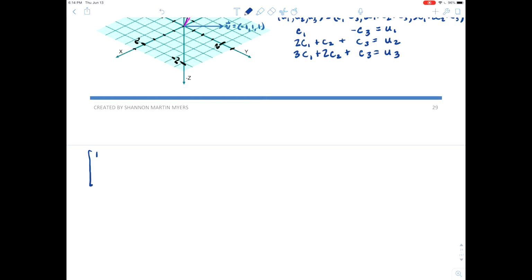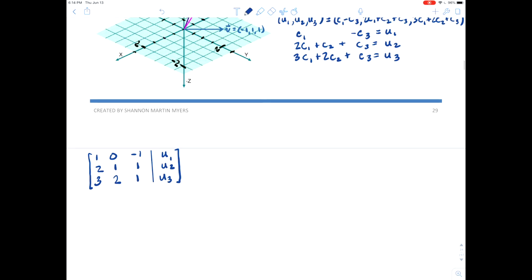So we'll have 1, 0, negative 1, and then U1. And next up, beautiful, 2, 1, 1, U2, and 3, 2, 1, U3. Cool, cool.